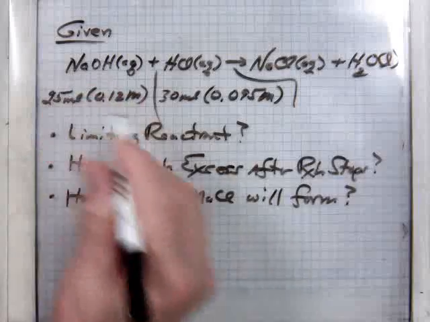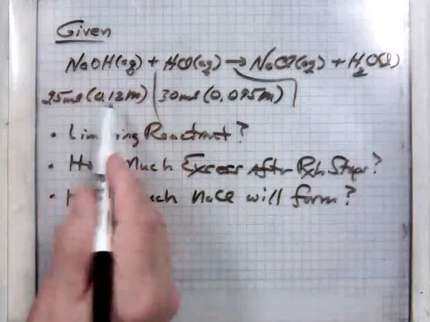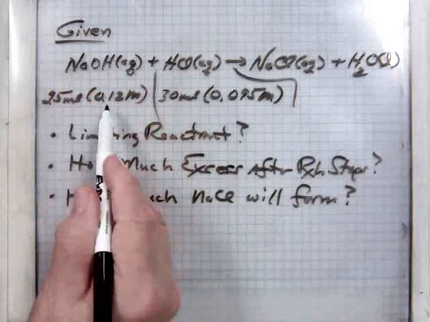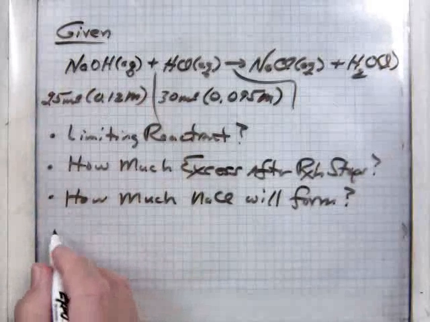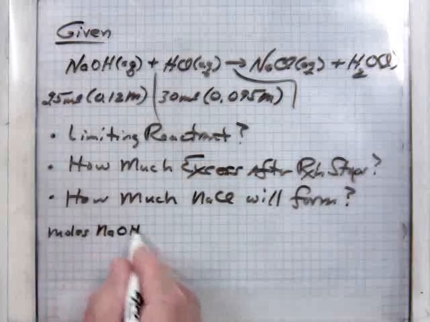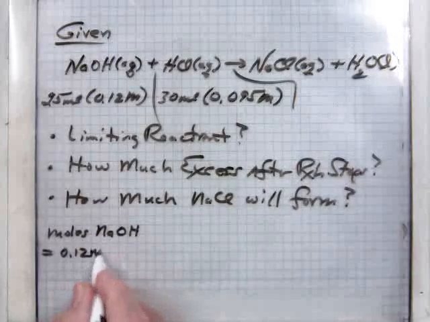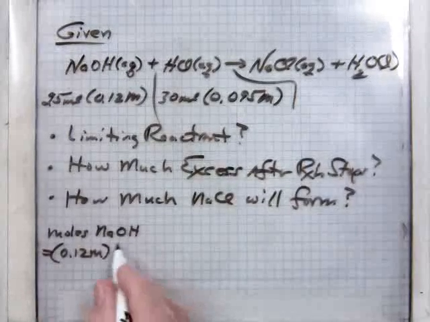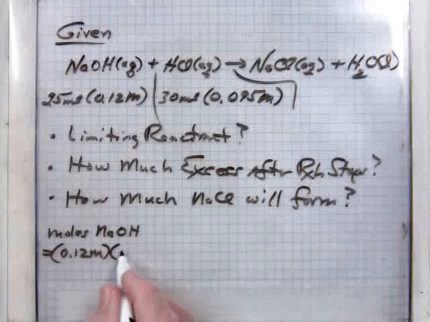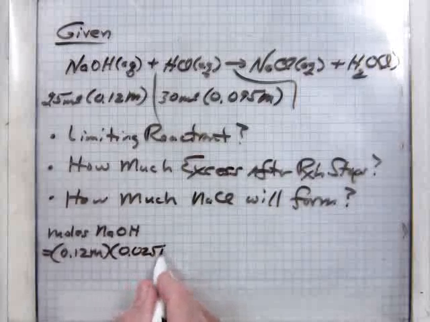Okay, so to get the moles of sodium hydroxide is molarity times volume in liters, right? I can do that. So I can get moles of NaOH is equal to molarity, which is 0.12 molar, times the volume in liters, 0.025 liters.